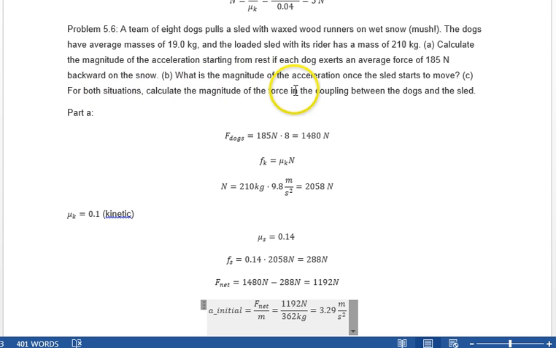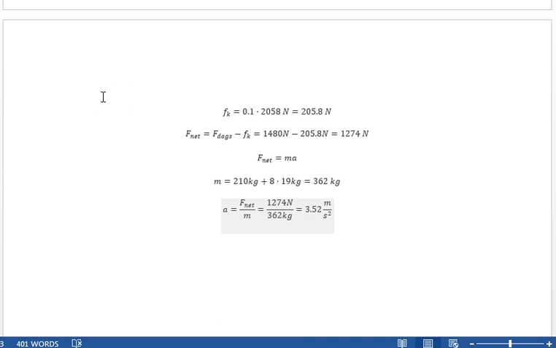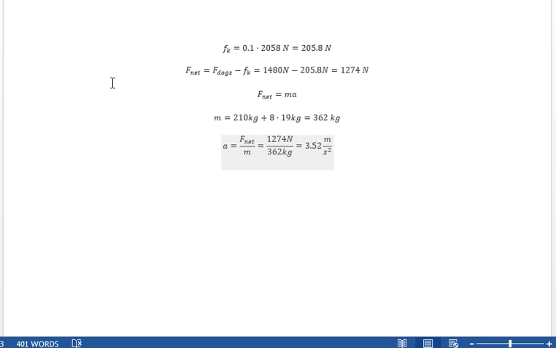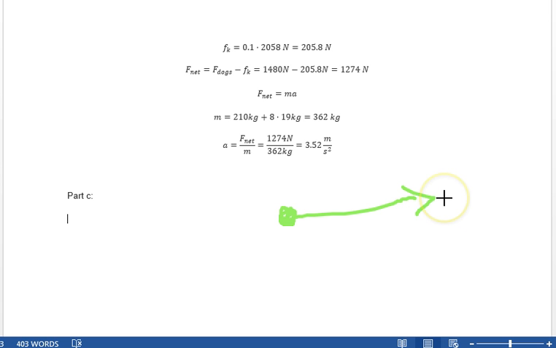For both situations, calculate the magnitude of the force in the coupling between the dogs and the sled. So for part C, if you think about the coupling, you've got the dogs pulling this way.